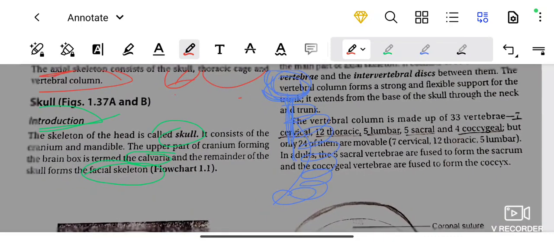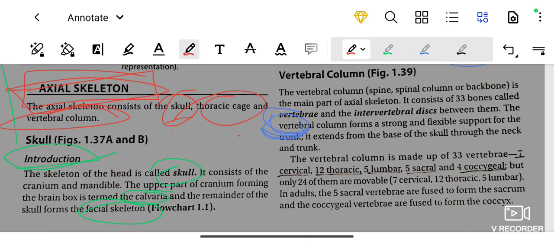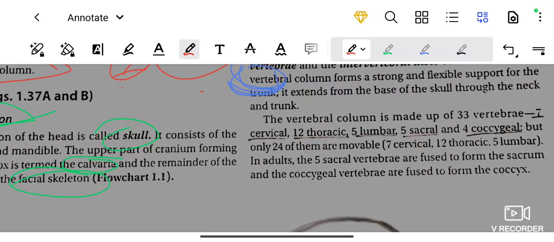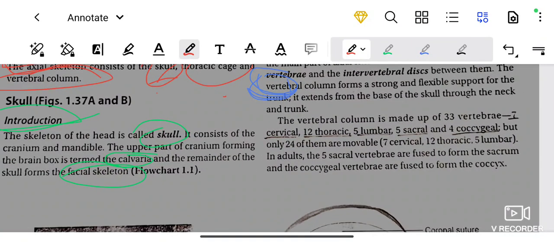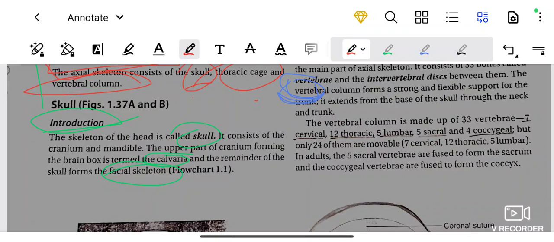The vertebral column is made up of 33 vertebrae. Here we will see the parts of the vertebral column: cervical, thoracic, lumbar, sacral, coccygeal. Cervical we denote as C, and it has 7 vertebrae. Thoracic is T, 12.